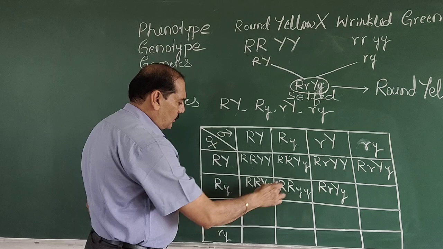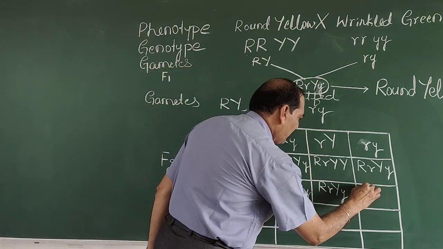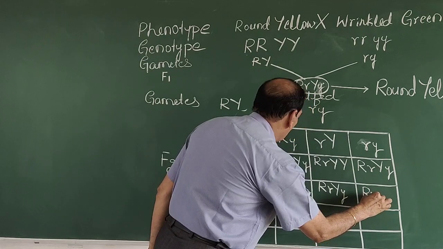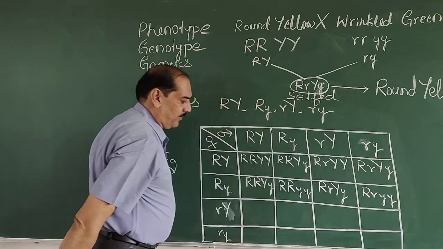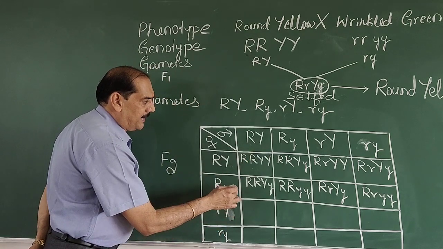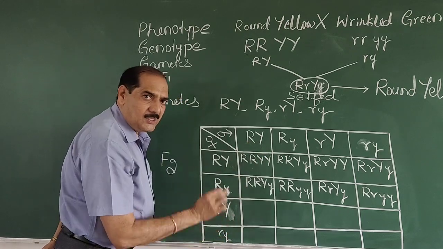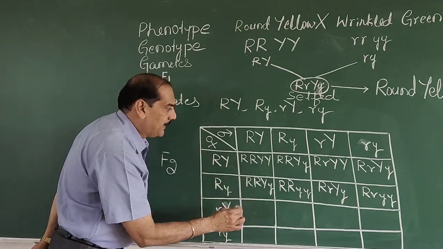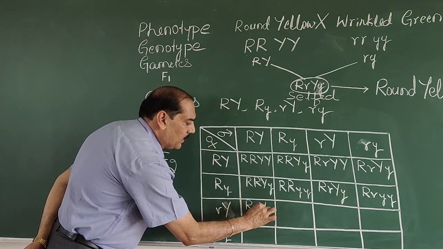Next, we write here capital R, then small y. Next, we have to write these 2 combinations. When this male gamete fused with this female gamete, we write here capital R, small r, capital Y.